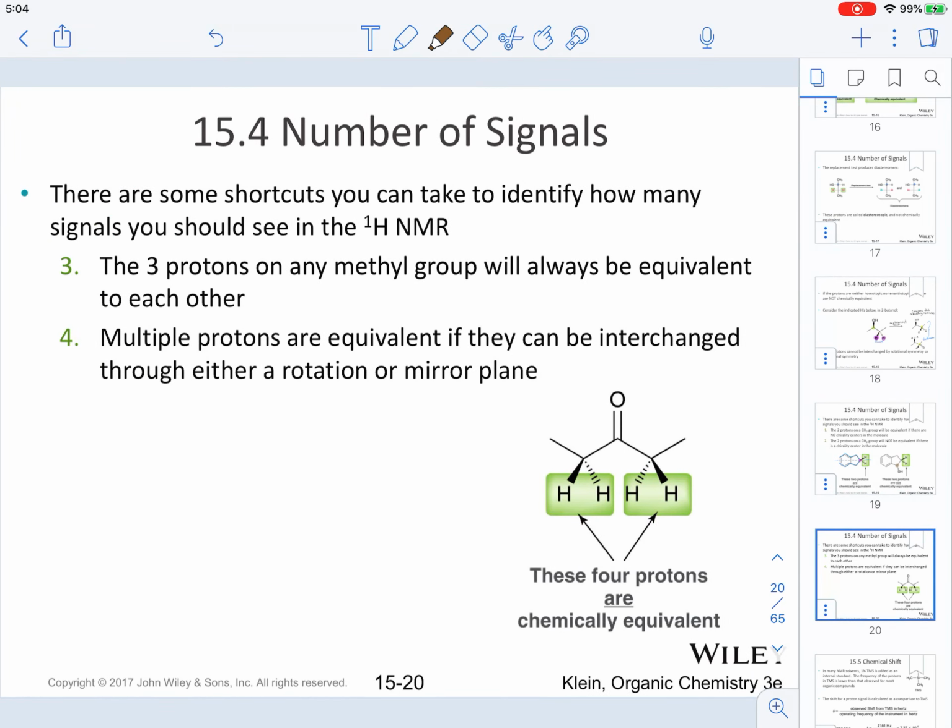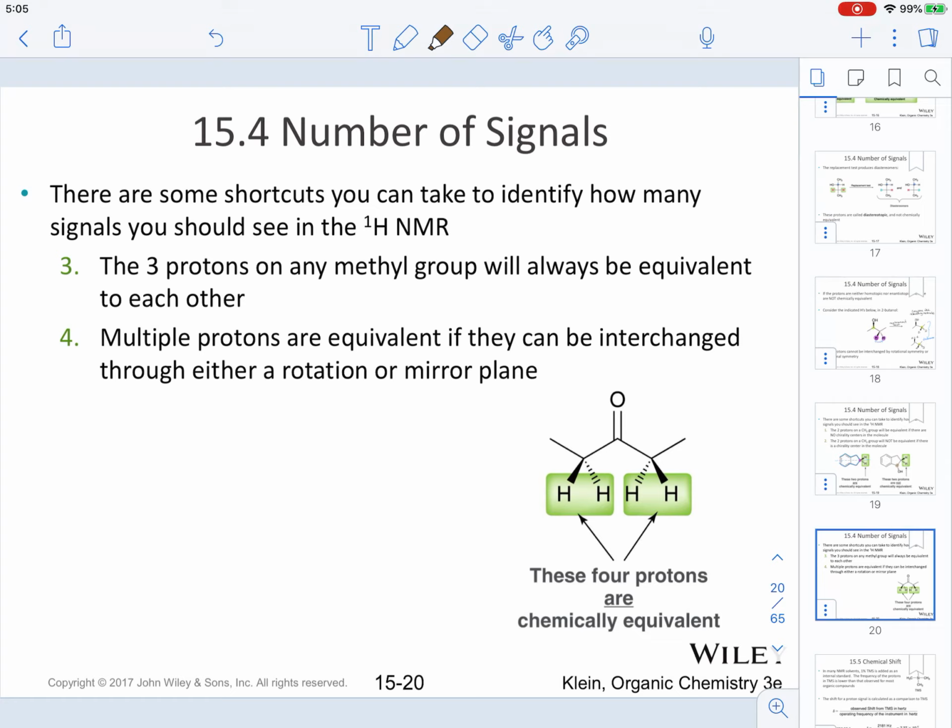Understand that if you have 3 protons on any methyl group, they will always be equivalent to each other. And lastly, if you have multiple protons, if they can be interchanged through either rotation or a mirror plane, they're going to be chemically equivalent.